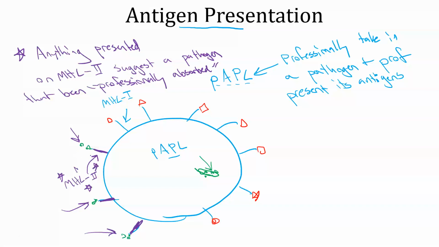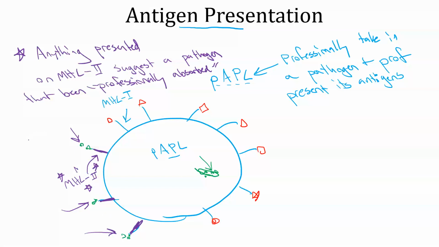So if we're using a professional antigen presenting cell, what generally needs to happen is we don't want this cell to be destroyed per se, because this is an immune cell. It's a professional antigen presenting cell. Instead, we want to use these antigens to turn on the antibody mediated immune response.